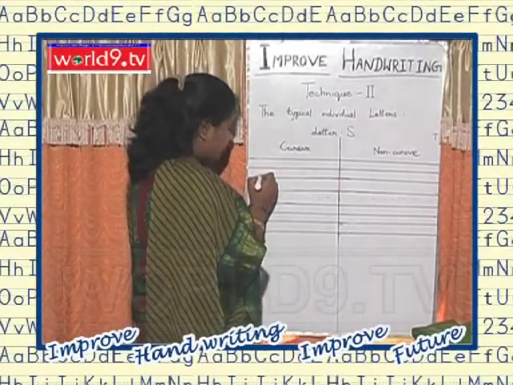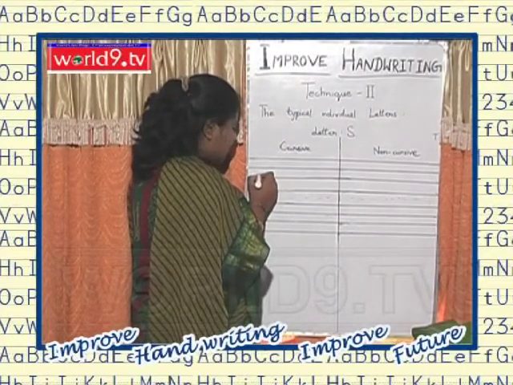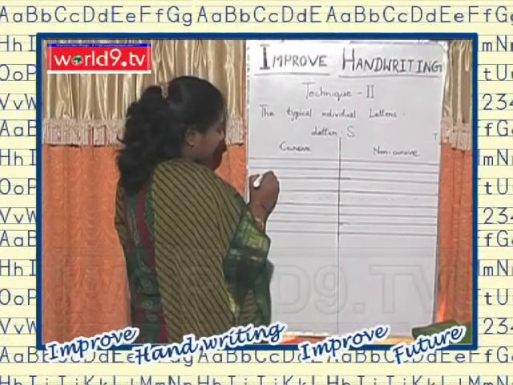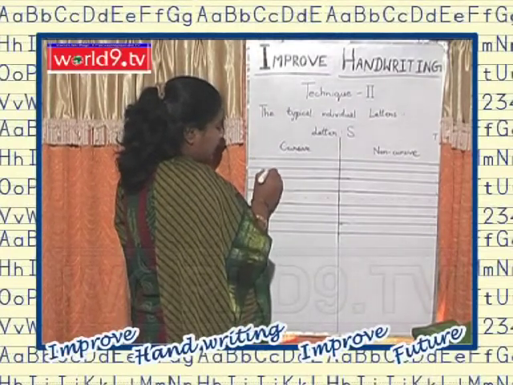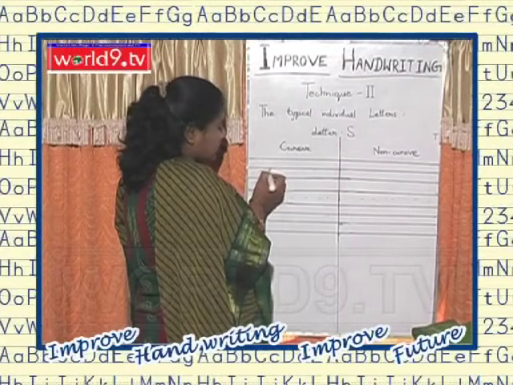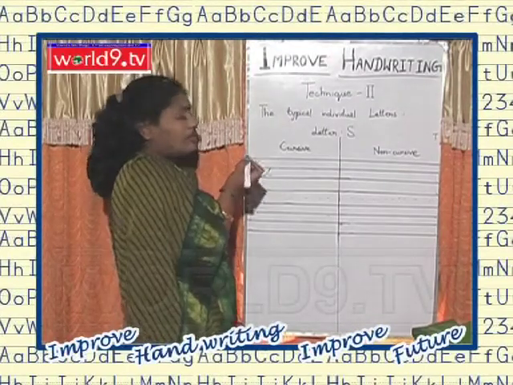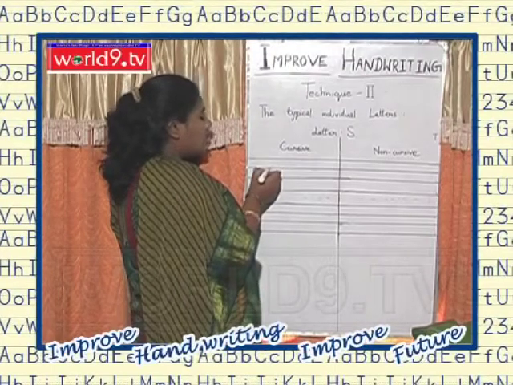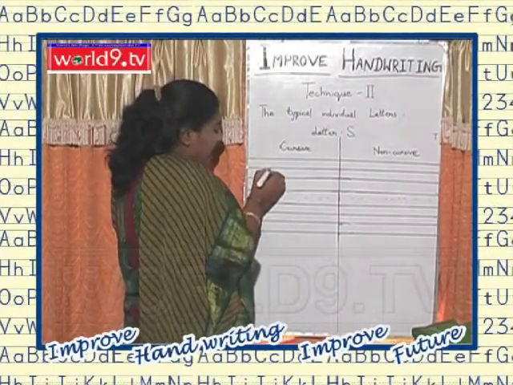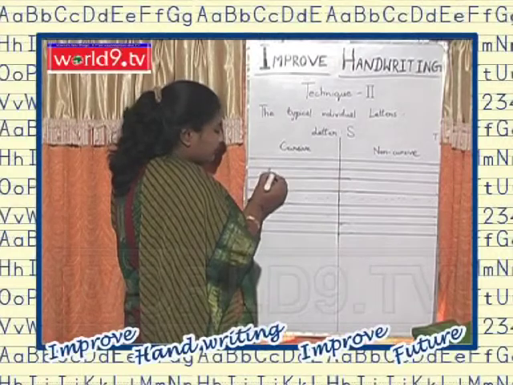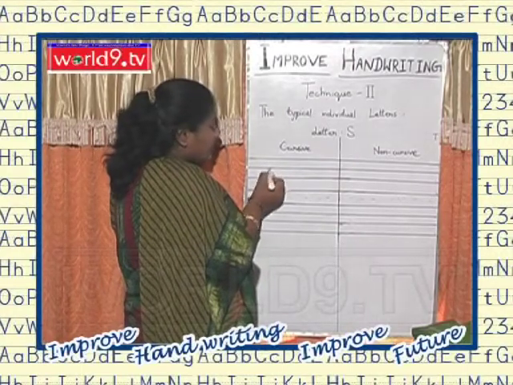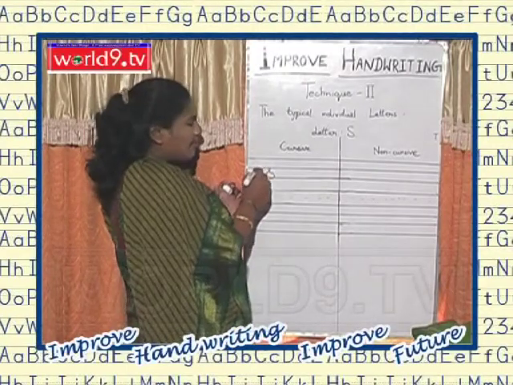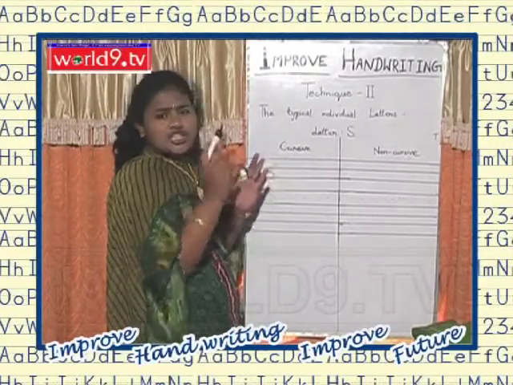What is the formation of S? As usual, starting, draw a small tail on the baseline and a wave shaped forward slant, and from here draw a small circle, and from here you should form a big pot shape.